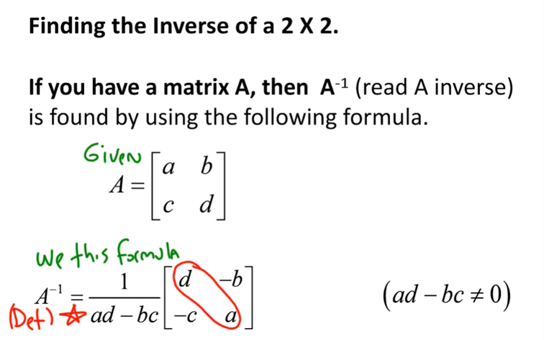They left B and C the same, but they changed the sign of B and C. So whatever B and C are, the signs get changed. D and A switch positions. So A inverse is equal to 1 over the determinant of A times the matrix, in which they switched D and A's position, and they changed the sign of B and C, which are left in the same position.